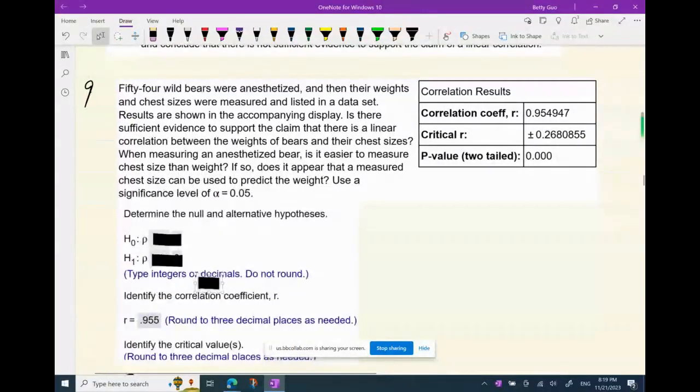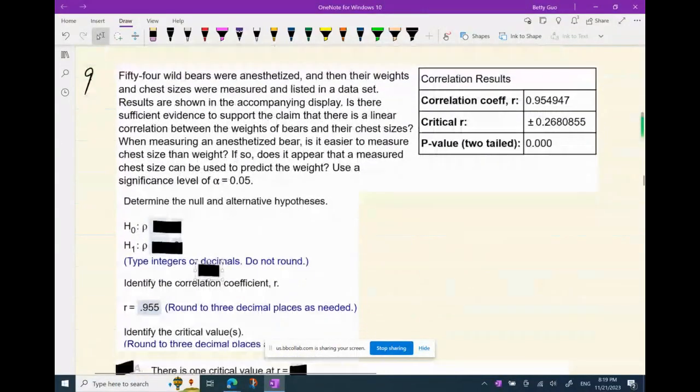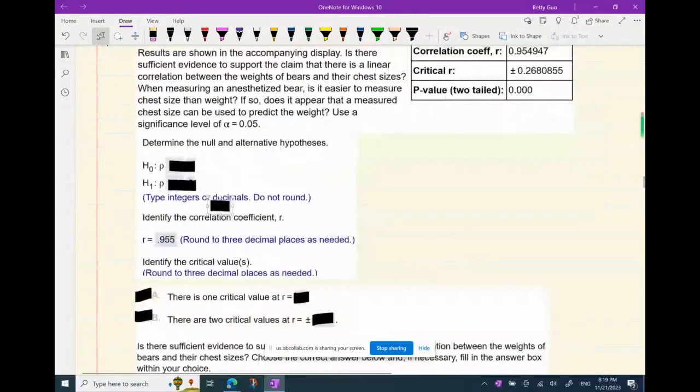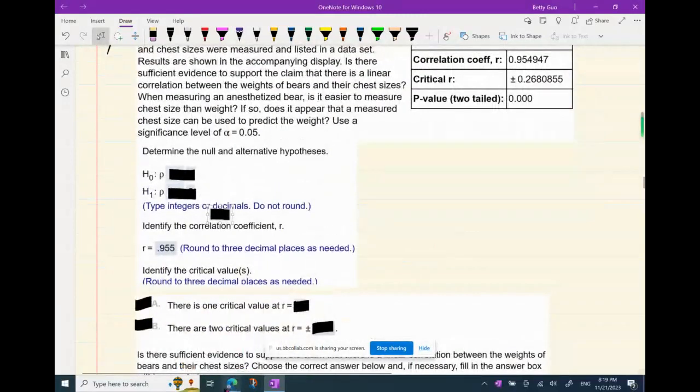Oh, critical r, I'm sorry. Critical r is given. We don't really have to do anything. We have two critical r values, rounded to 3 decimal places, positive and negative 0.268.